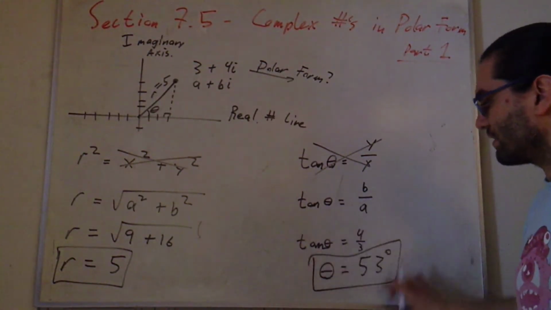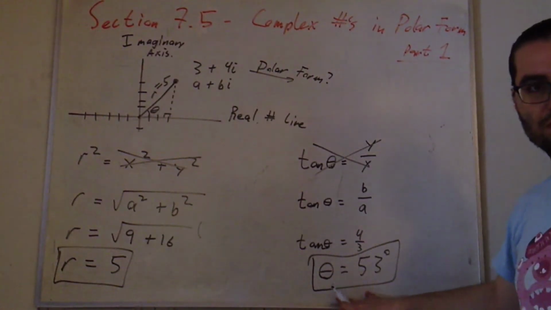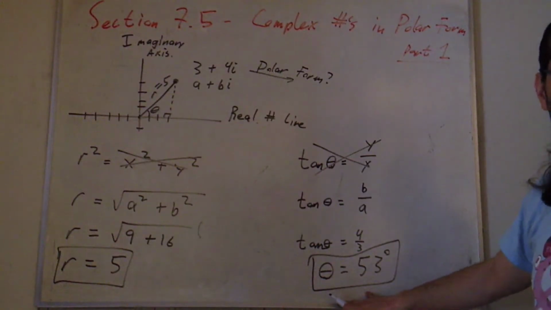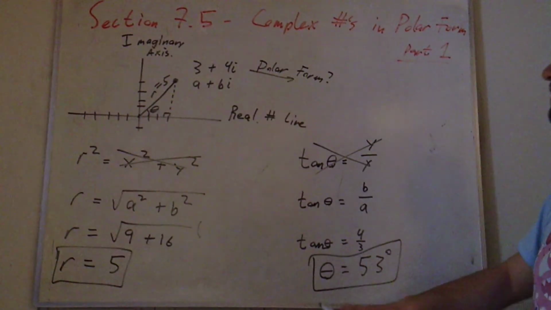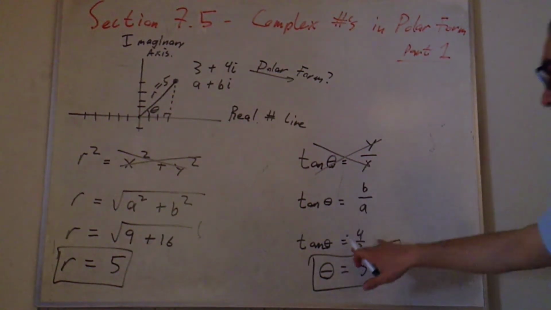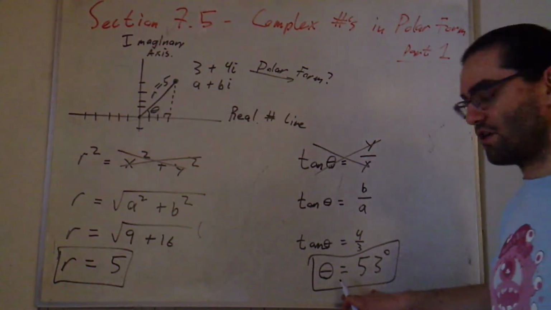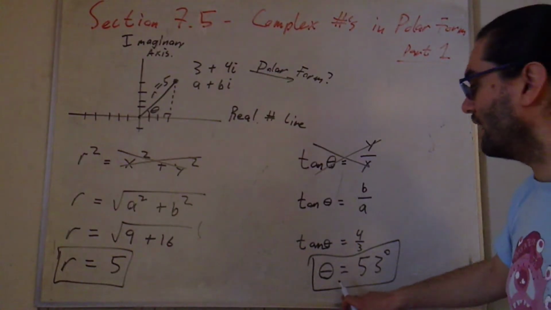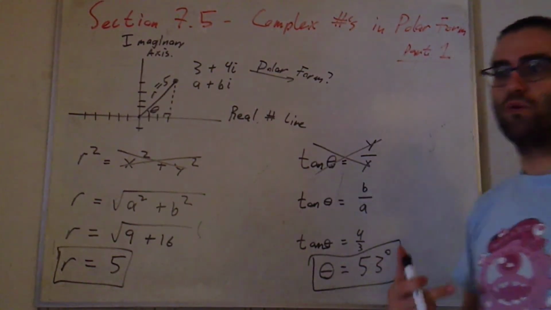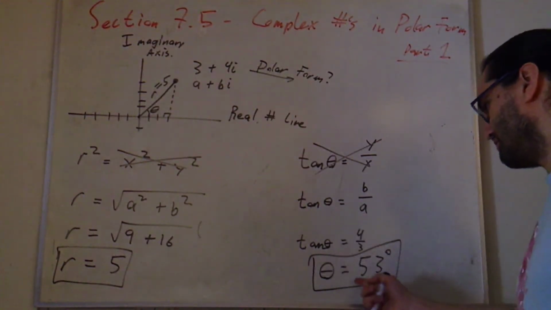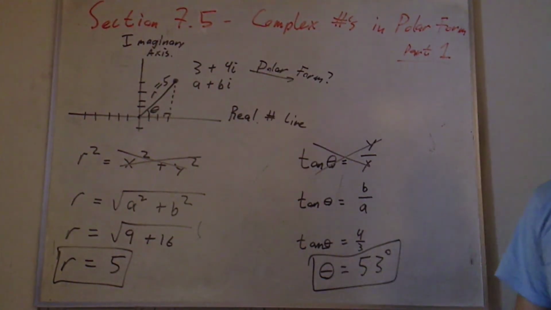For your homework, there's going to be some problems where it wants you to estimate a theta value in degrees. Use your calculator for the homework. That's fine. On the quizzes, if I give you something like this, write theta as an arctan. If I give you reasonable numbers that show up on a unit circle, then you can use your unit circle to find out what theta should be, like 45 degrees or 30 or 90.